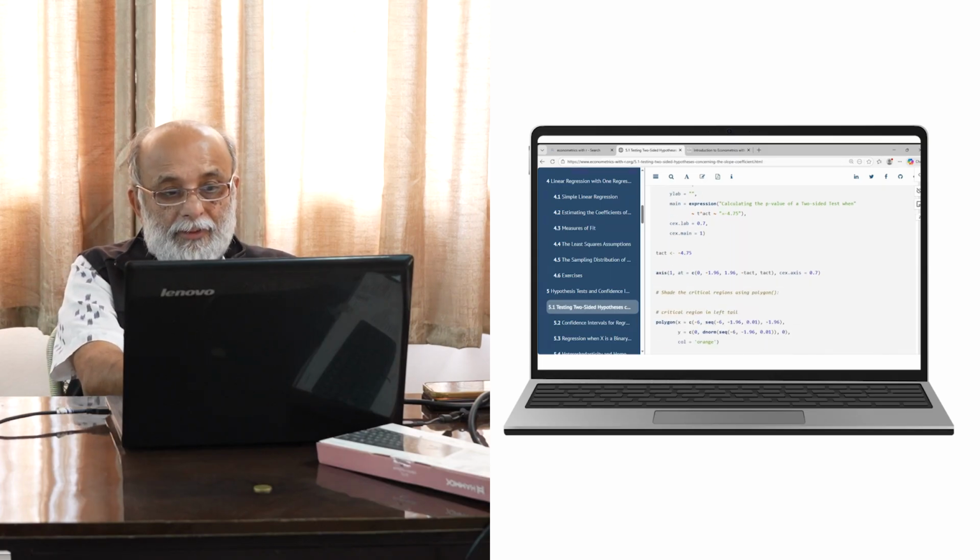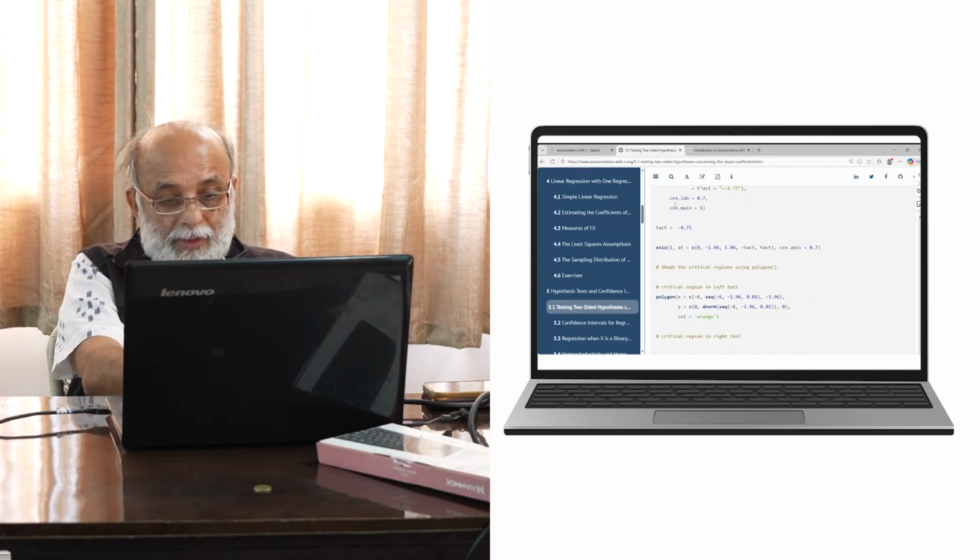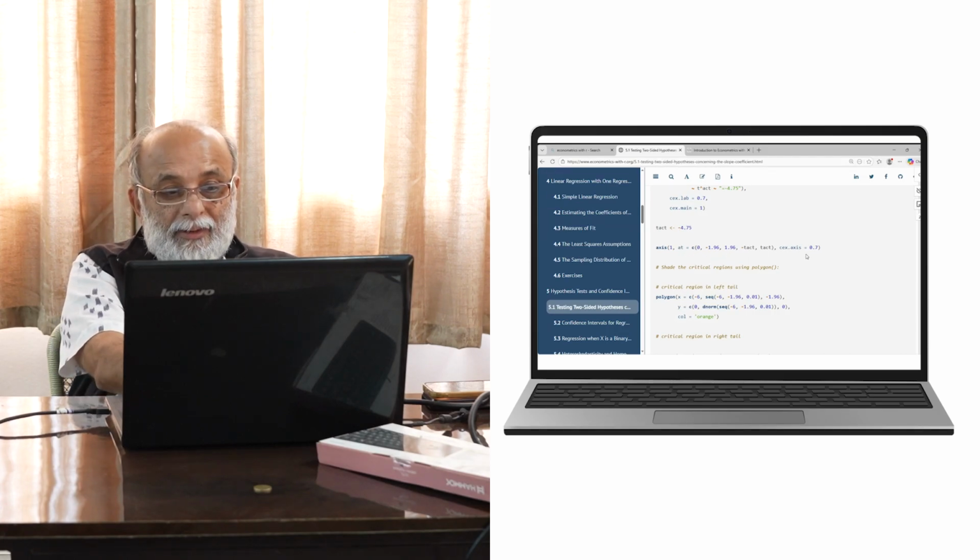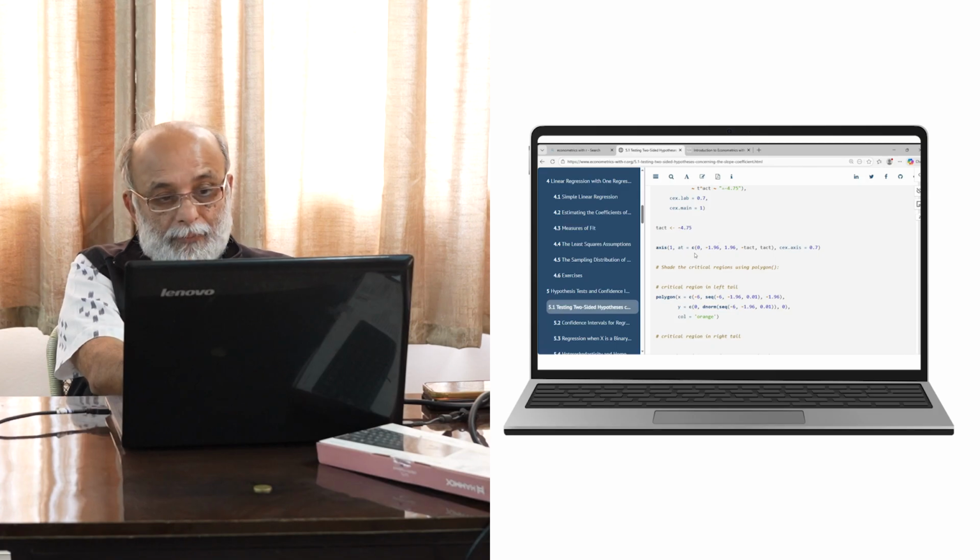Done that? Did this? Okay. So now let's go down below. So this is the t value, the actual t value. Then you create an axis. Okay?